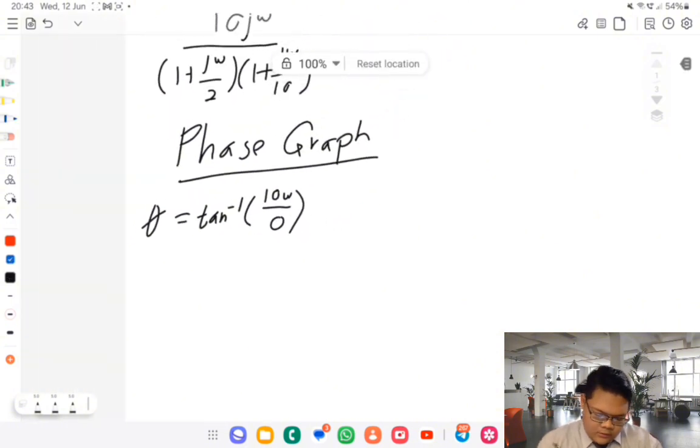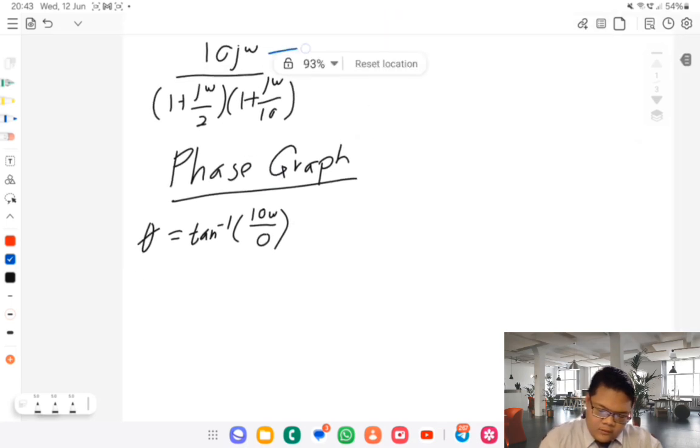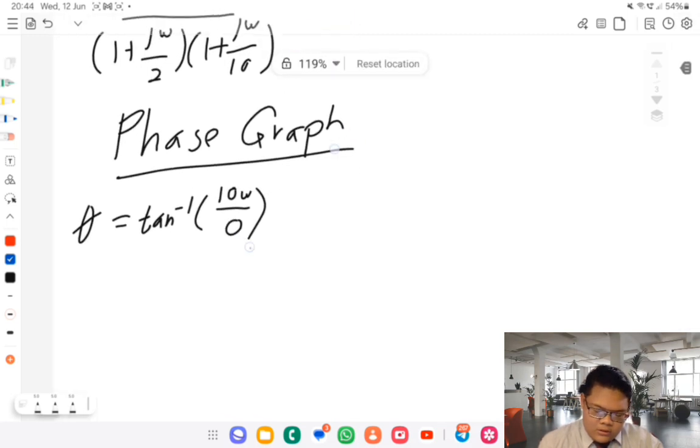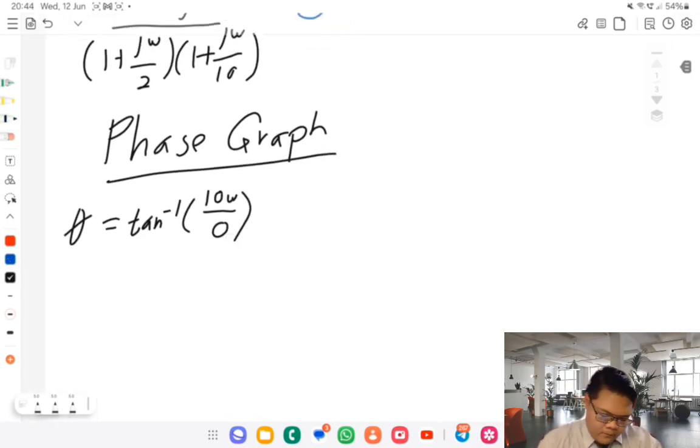For the first equation, we take it from the first part here. Why do we divide by 0? Because the first equation doesn't have a denominator, so we just assume divide by 0.